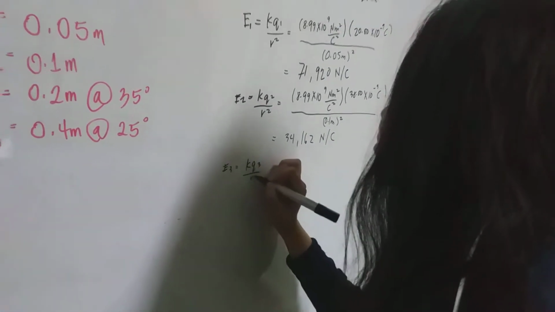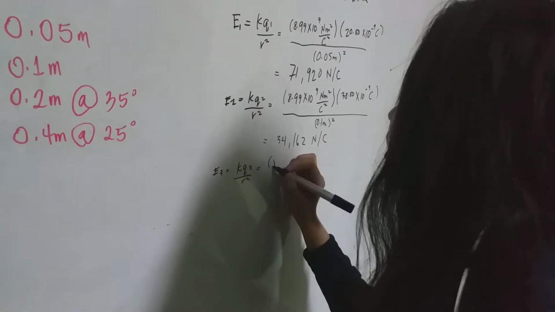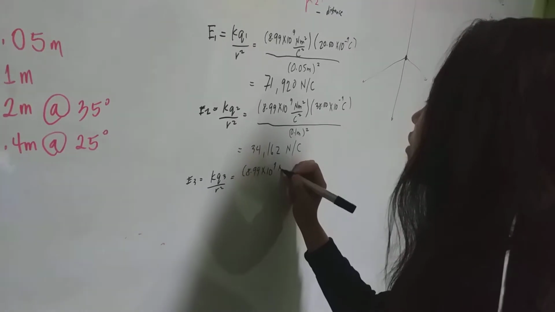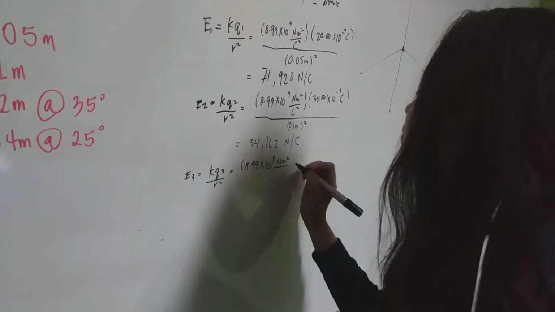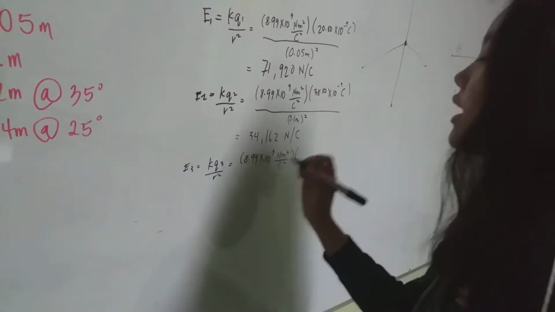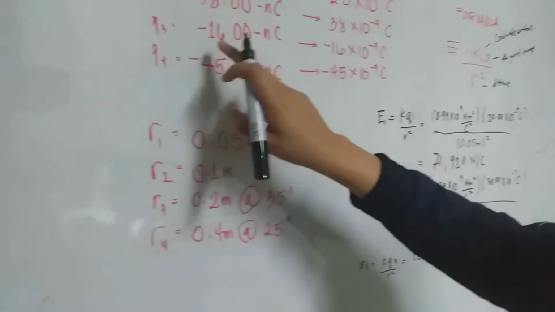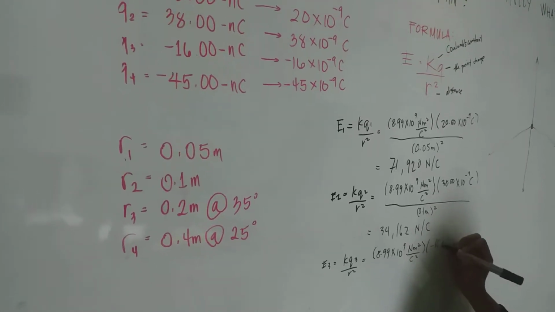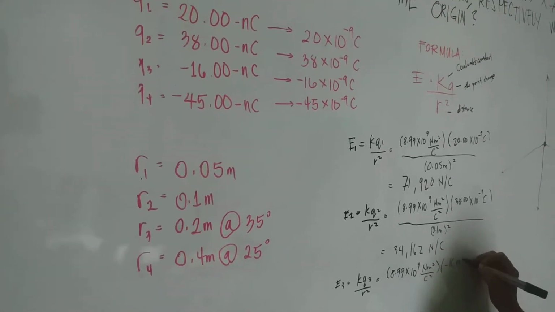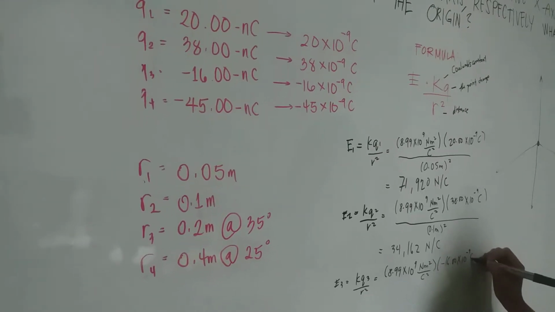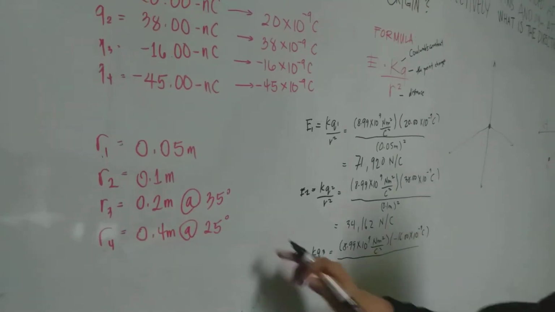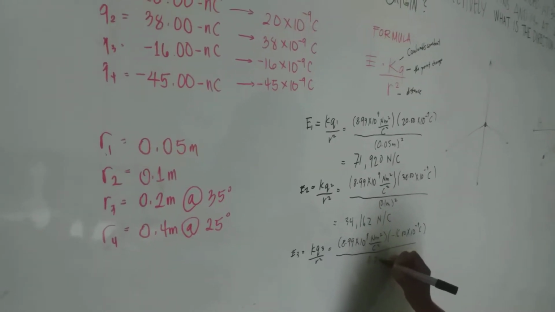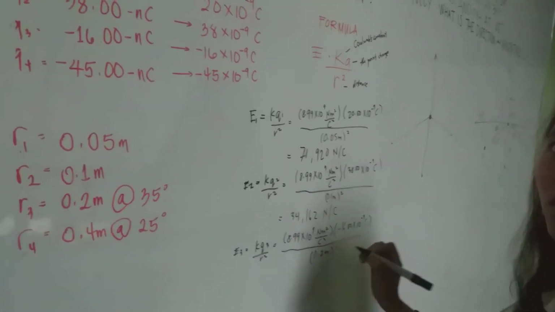For the third charge, we have KQ3 over r squared, 8.99 times 10 to the power of 9 newton meter squared over coulomb squared, times Q3, which is negative 16 nanocoulomb, or 10 to the power of negative 9 coulomb, over r squared, which is 0.2 meters squared.